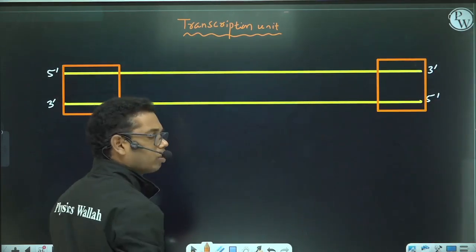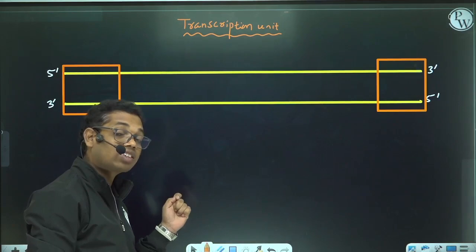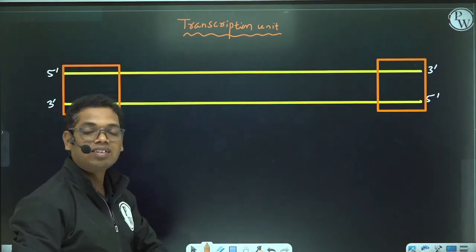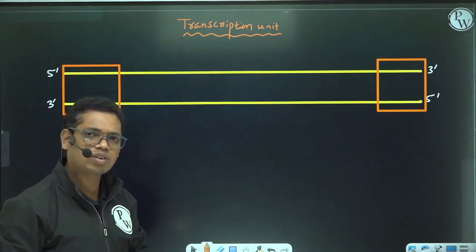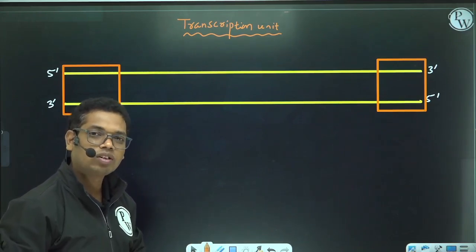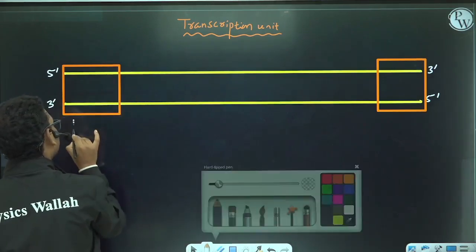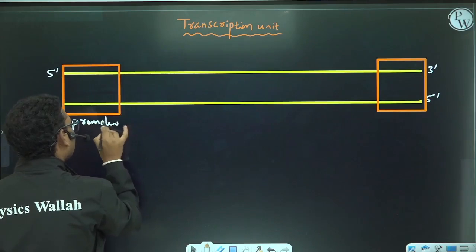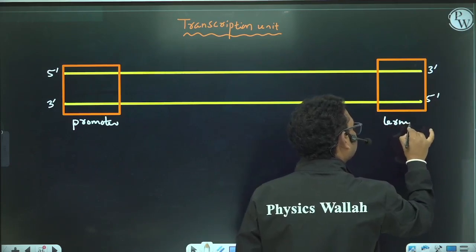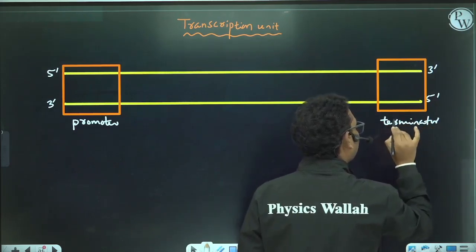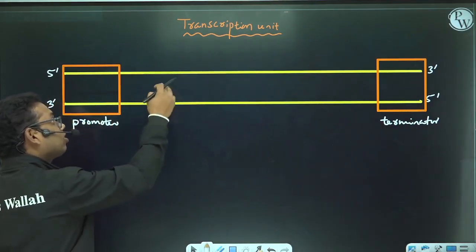This is the transcription unit. The RNA polymerase binds to a specific sequence of the transcription unit, that is DNA, to start the transcription. And that sequence where RNA polymerase binds and starts the transcription process is called the promoter. And the sequence where transcription ends is called the terminator.